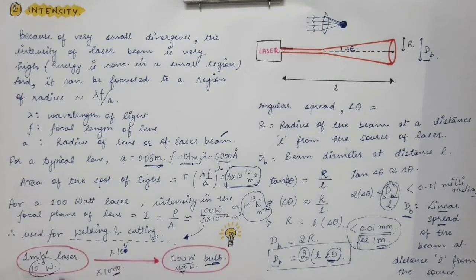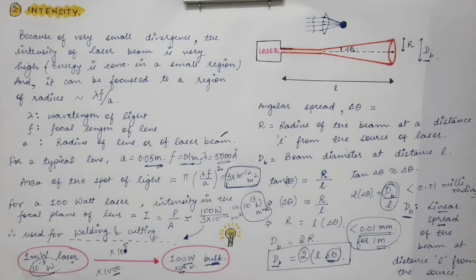So the power consumed by this laser is 1 by 10 power 5 that of the bulb, and the intensity of the light emitted by this same laser is about 1000 times that of the bulb. So you can clearly see how ordinary light sources have very low intensity as compared to a laser.